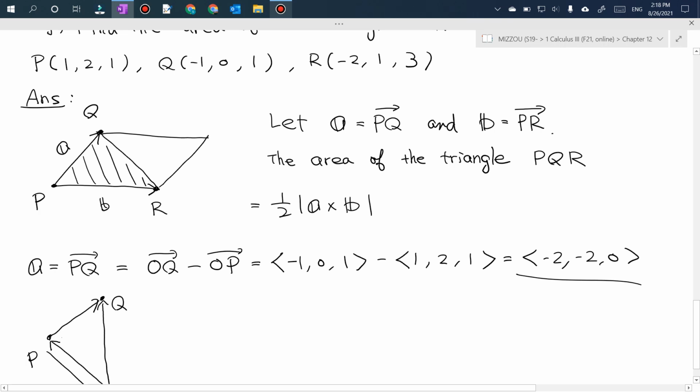And then that's how you get the components of the vector PQ. And then we can do the same thing with PR.